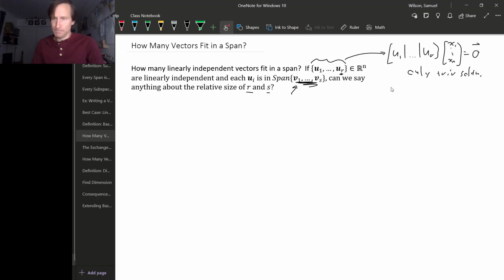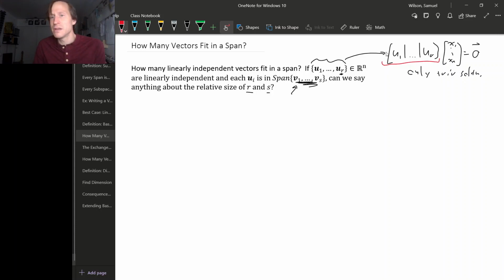This isn't the definition of linear independence, but this is how we always check if a collection of vectors is linearly independent.